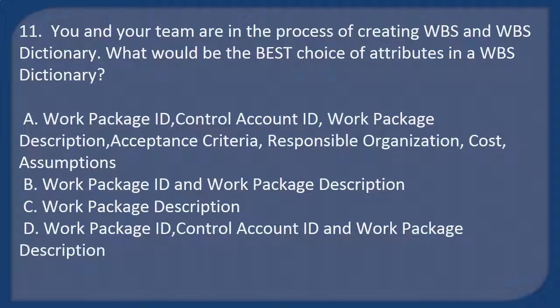Question 11. You and your team are in the process of creating WBS and WBS Dictionary. What would be the best choice of attributes in a WBS dictionary? A. Work package ID, control account ID, work package description, acceptance criteria, responsible organization, cost, assumptions. B. Work package ID and work package description. C. Work package description.